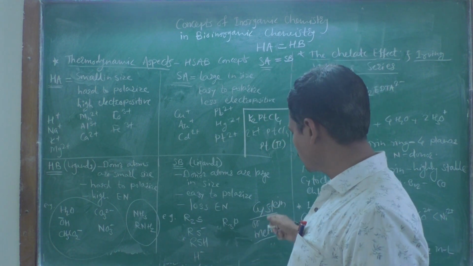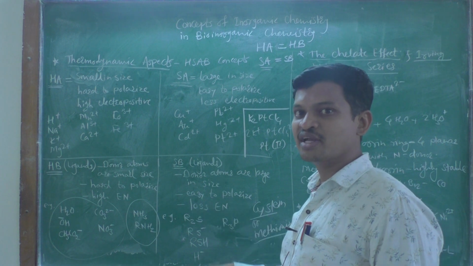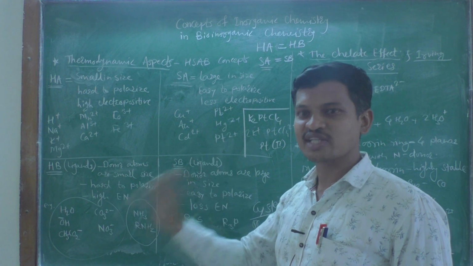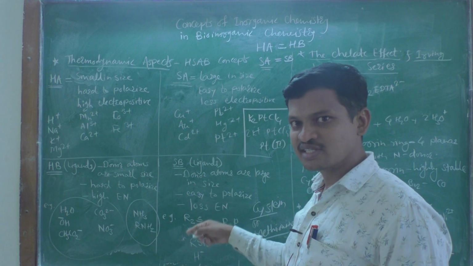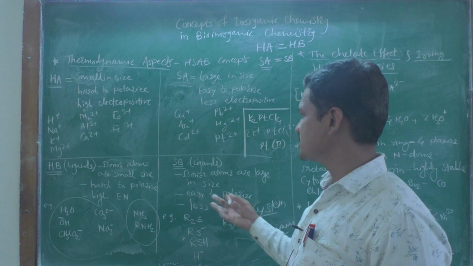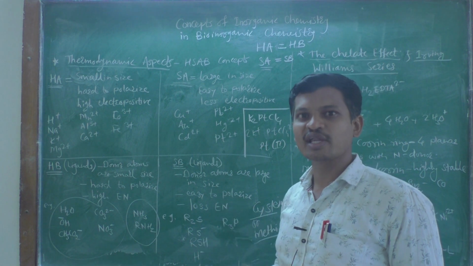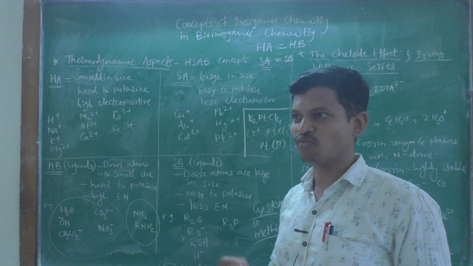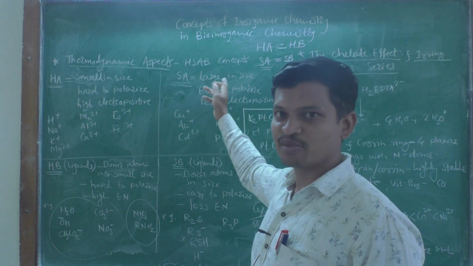Why? Because both cysteine and methionine have sulfur donor sites, and this is what we call the HSAB principle. Our body, our biological or biochemical reactions, are also fulfilling the criteria of the HSAB principle.